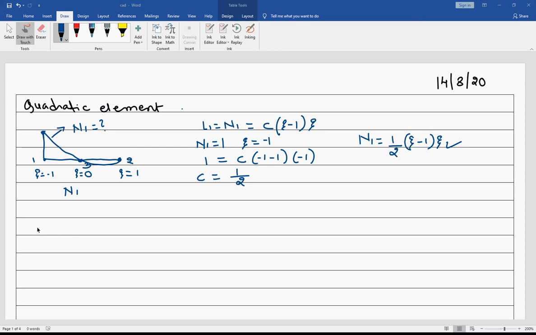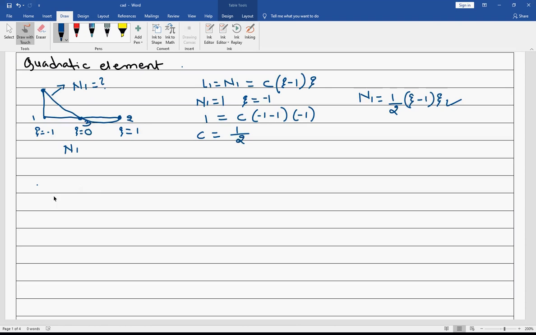So now I need to just scroll down. So this is node 1, node 3 and node 2. Now I am talking about N2.